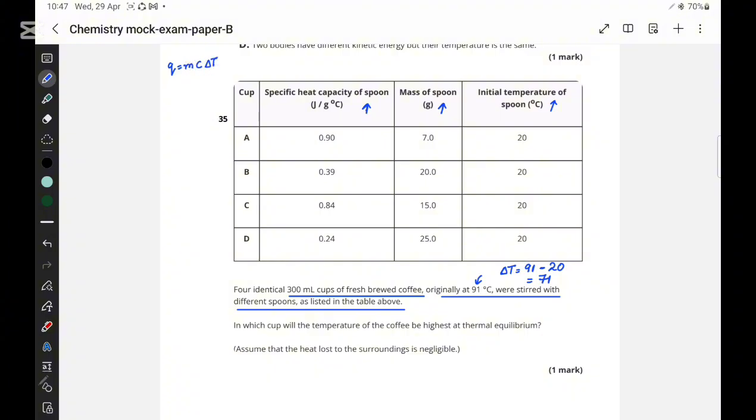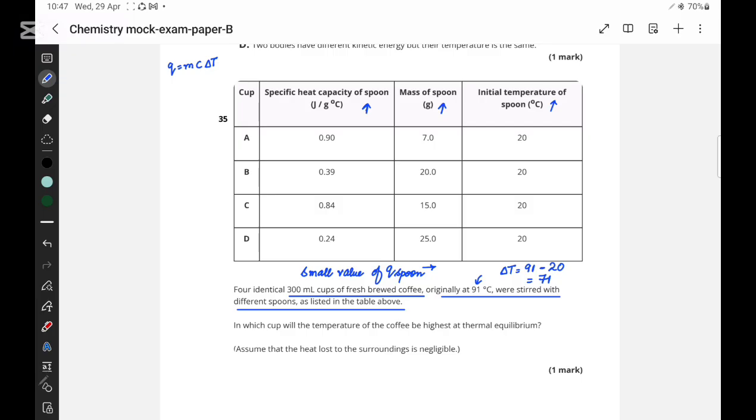And one more important thing: the smallest value of Q of the spoon will give us the coffee in that cup which is going to be at the maximum temperature.